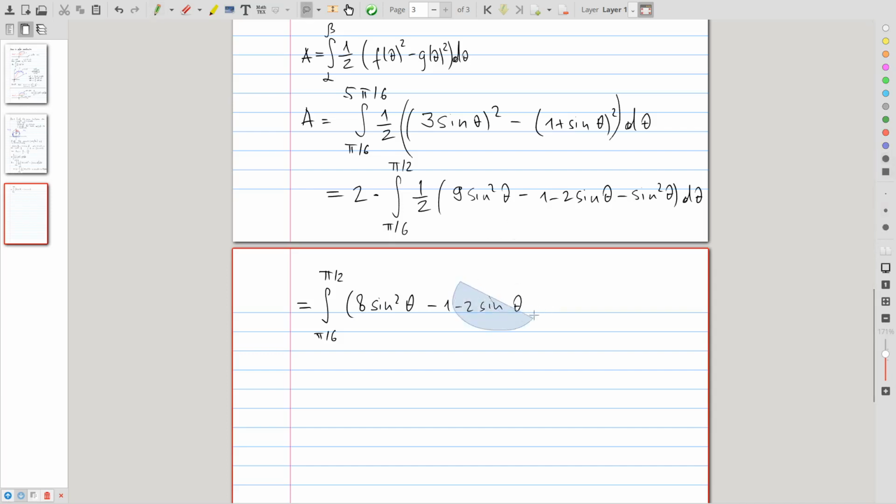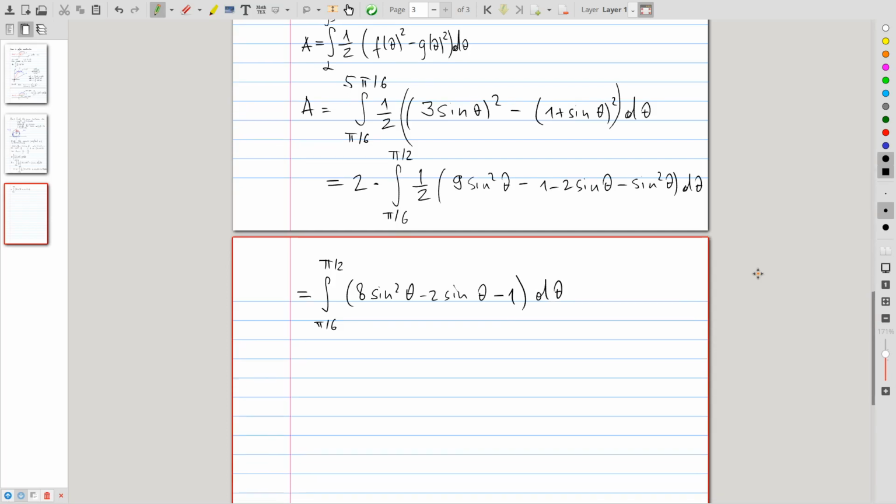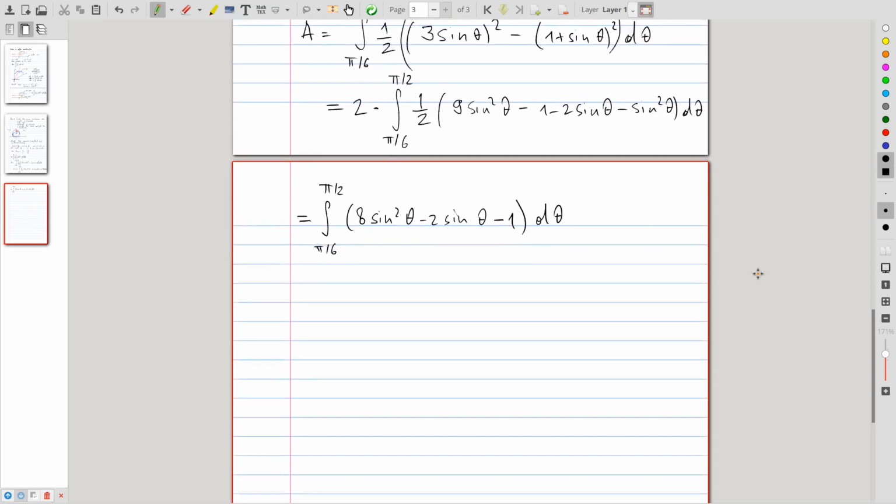So let's rearrange them so that we have 8 sine squared minus 2 sine minus 1, like so. All right, so how do we evaluate this integral?